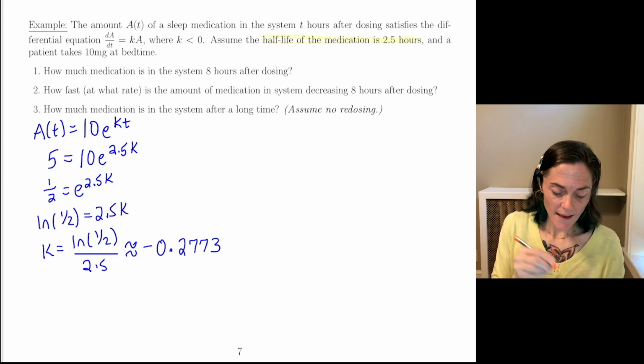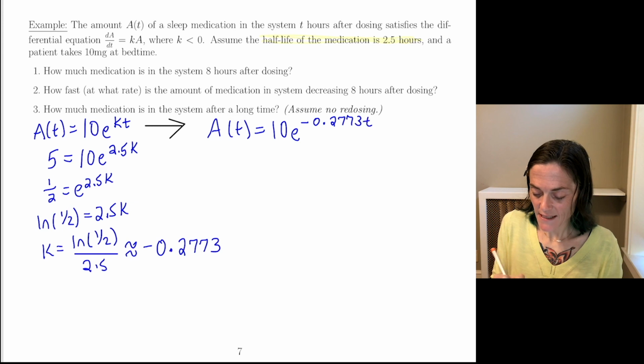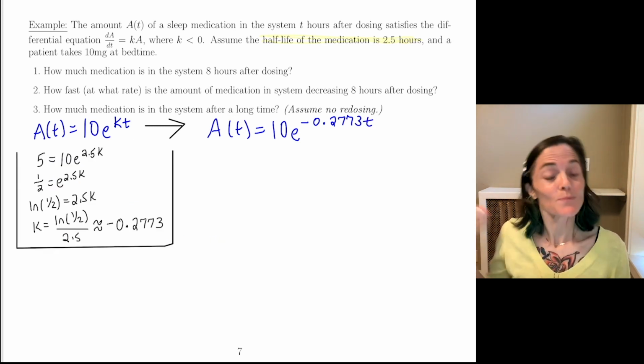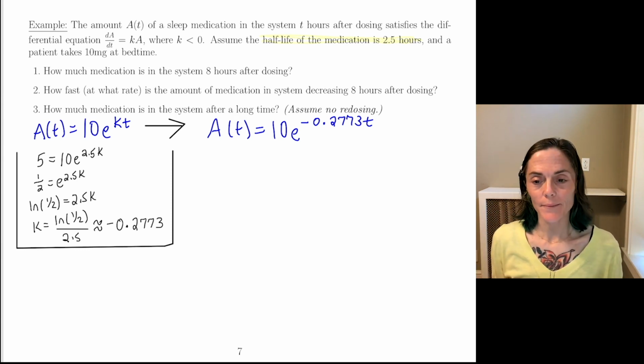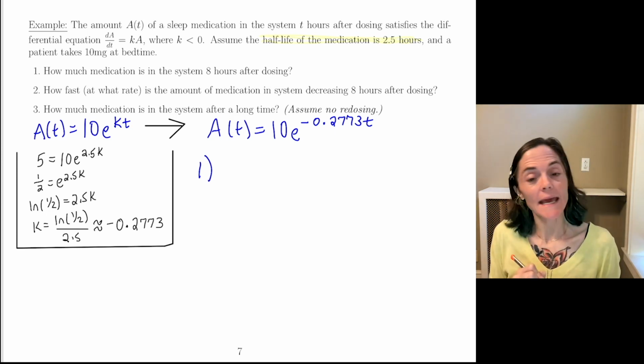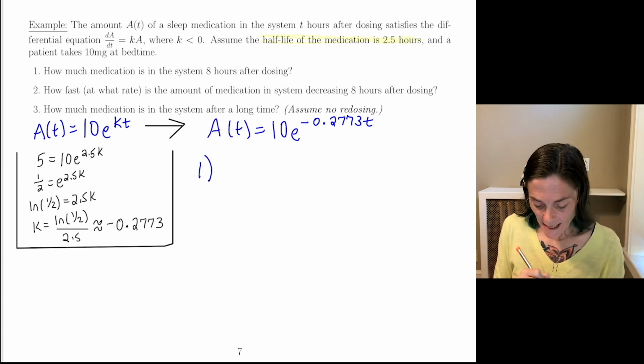Now, let's go back and write our formula. A of t is therefore 10 e to the minus 0.2773 t. All right, I made the work for solving for k slightly smaller. Now we can jump into the problem. So, number 1, how much medication is in the system 8 hours after dosing? This is just A of 8.